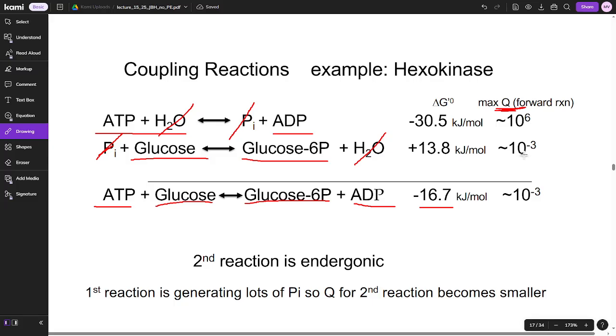The Q for this is 10 to the negative third. And the Q for the overall reaction is found by taking these and adding them up, where they would cancel. That's one way of looking at it. I personally didn't really have to do any kind of math involving the Qs. They usually mostly ask you about the delta G, not delta G primes.